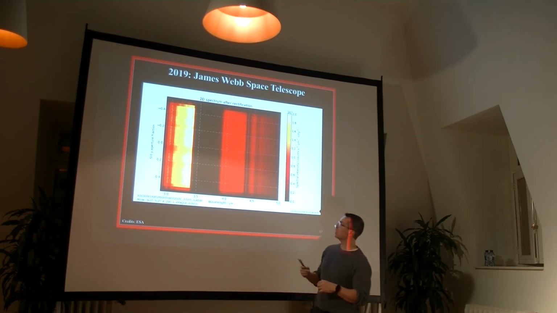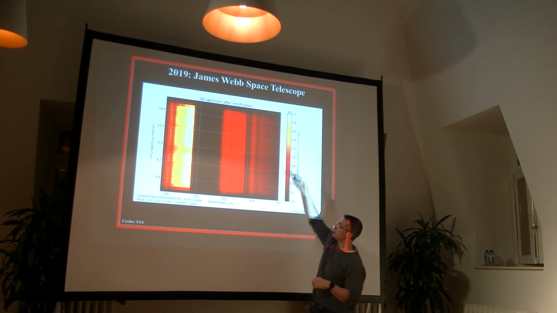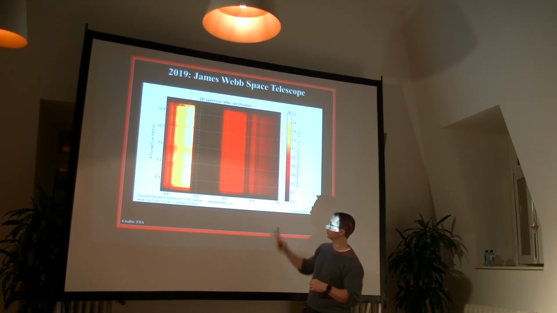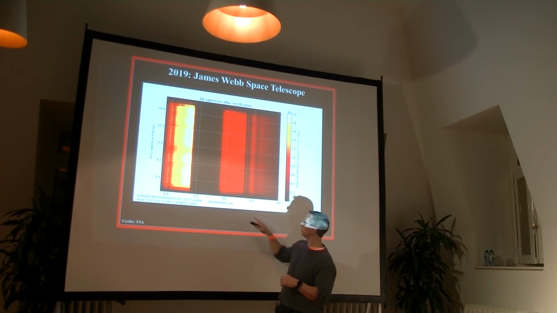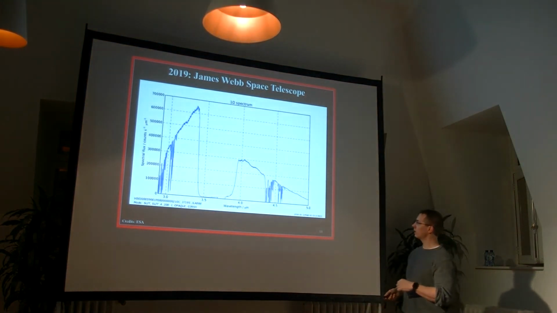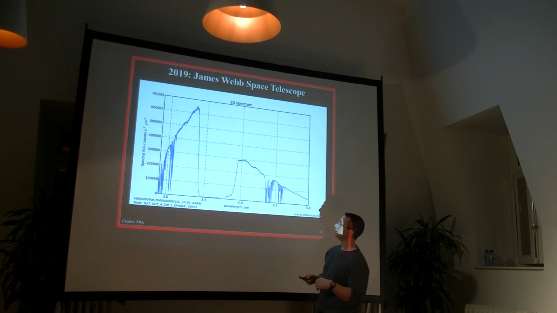What you see here is one of the detectors of James Webb. Here it's still the space direction, and here the light was dispersed as a function of wavelength. So we are in the infrared here, between 3 and 5 micron. And if you collapse this in the spectral dimension, you have the spectrum we measure here.